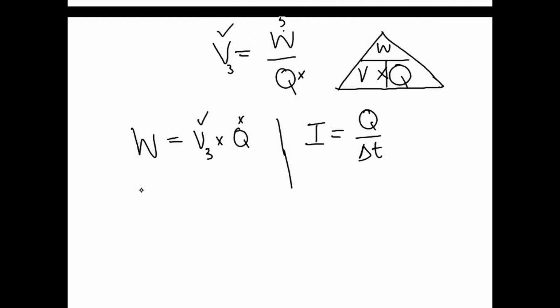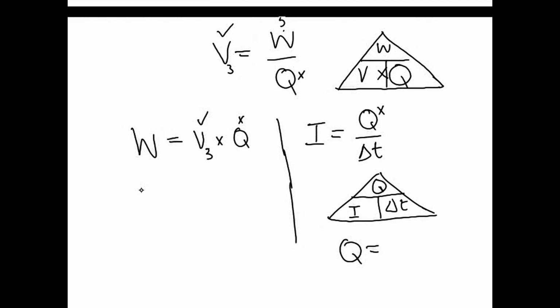So mathematically, it just means that I equals Q over delta T. But still, I am looking for Q. How do I make Q the subject of the formula? I use again the triangle. I equals Q, which is on top in the numerator, over delta T at the bottom, in the denominator. So Q is just going to be I multiplied by delta T.